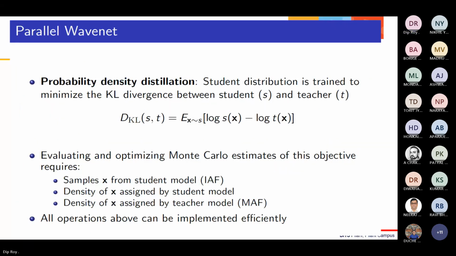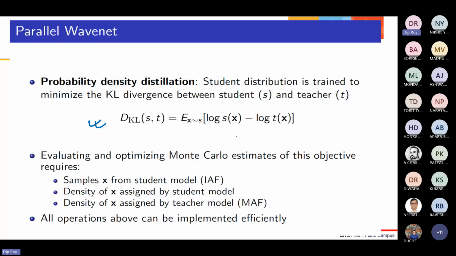Okay. Now the question is, how do we do the training? These models are called distillation models. And the way in which we do the training is essentially using KL divergence. This is basically the expanded formula of KL divergence, nothing fancy.